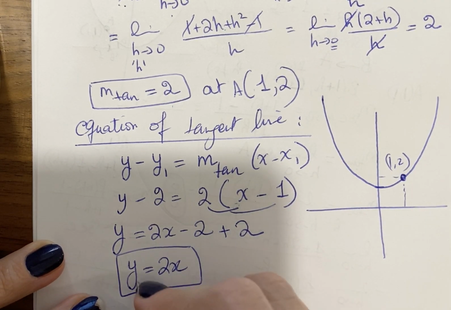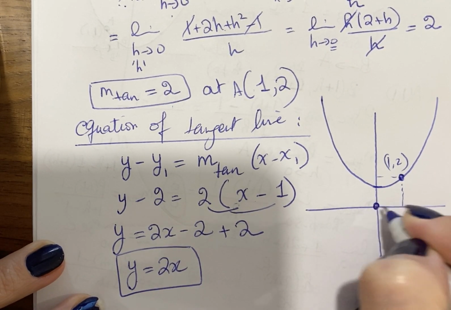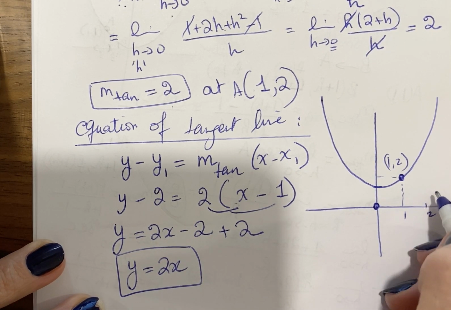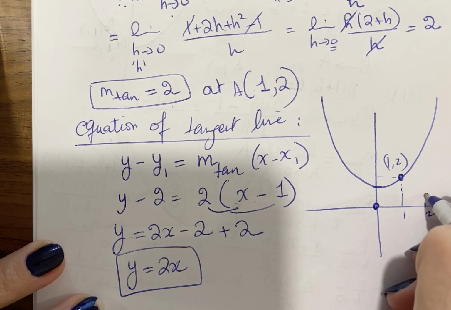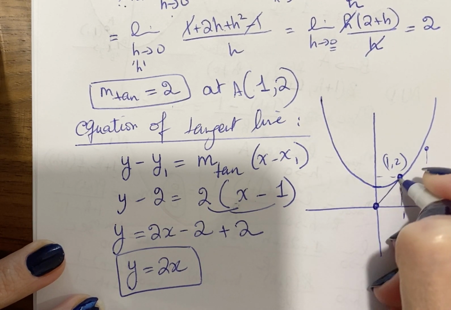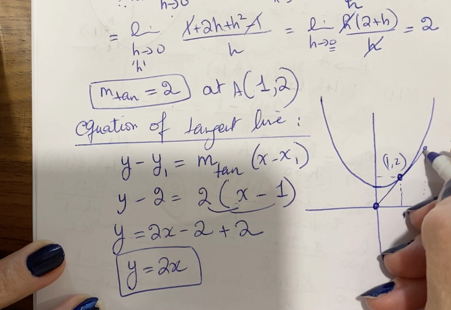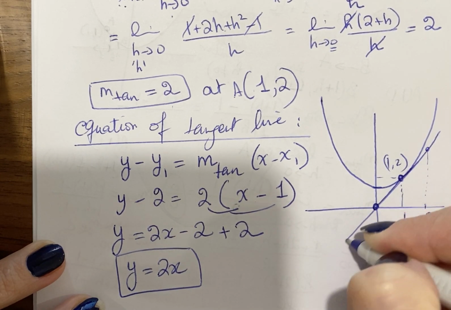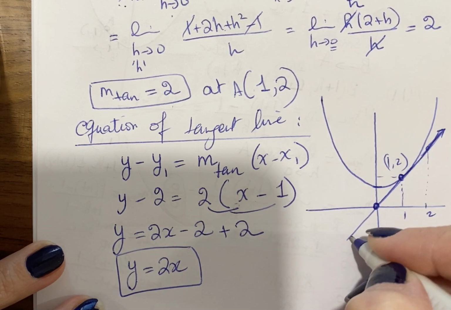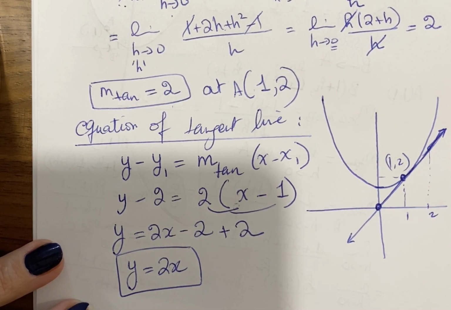At x equals 0, y equals 0. At x equals 2, y equals 4. It is this line. We are now able to draw it accurately, exactly.